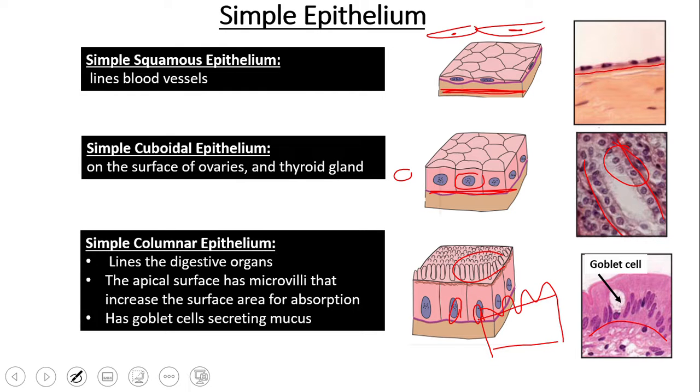And this is to increase the surface area for food absorption. Any columnar epithelium has goblet cells. So here is a goblet cell, and the goblet cells produce mucus to line and protect the surface of the digestive system cavities.